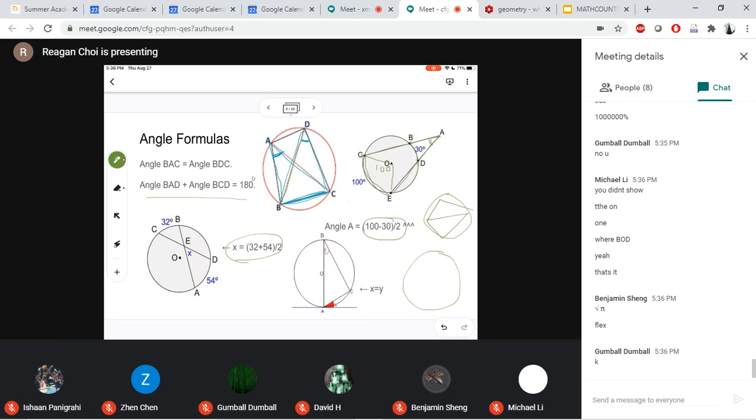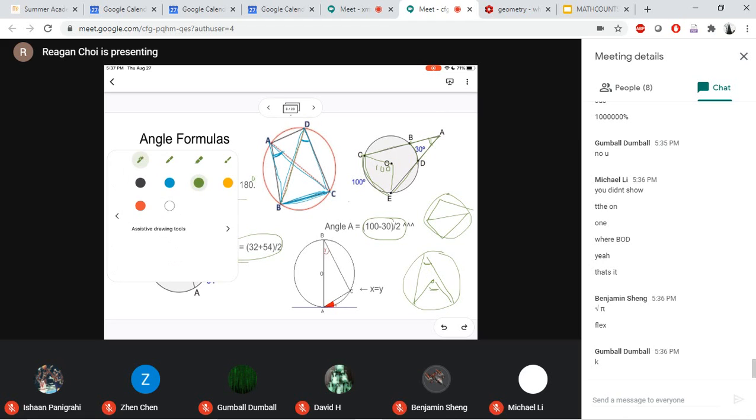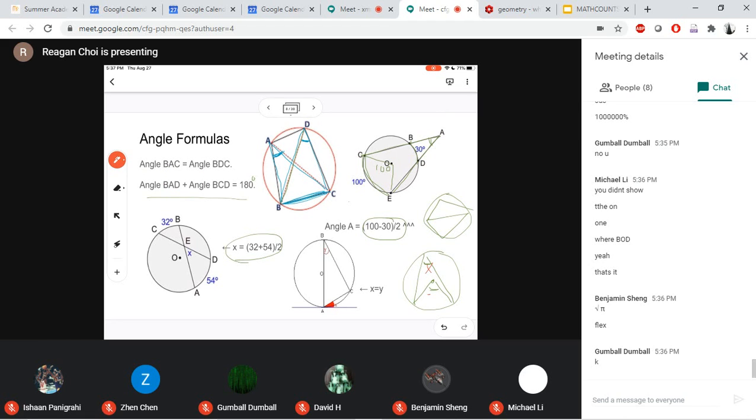If you have a circle and you have the center, and something like this, then this angle over here is exactly half of that angle here. So if this is x, this is 2x. I just forgot to put it on here. That's an important one too.